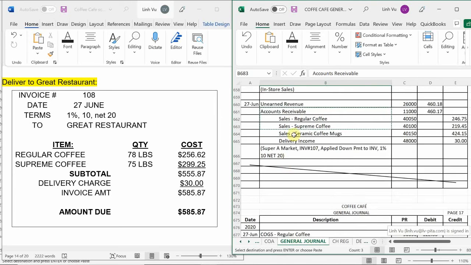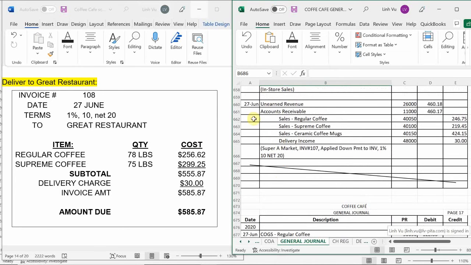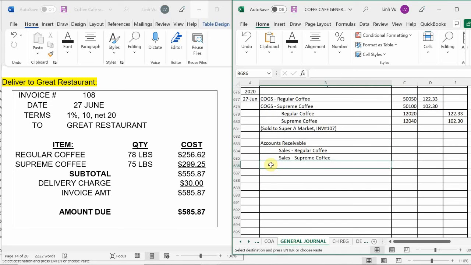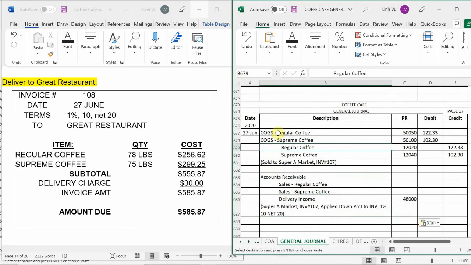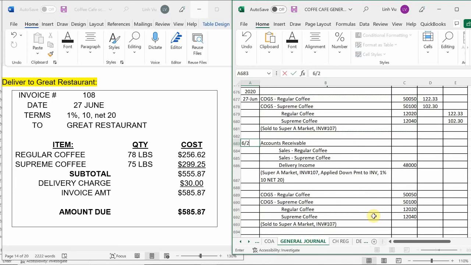We got the delivery charge here. And we're also going to do the cost of goods sold too. Okay, and today is the 27th.